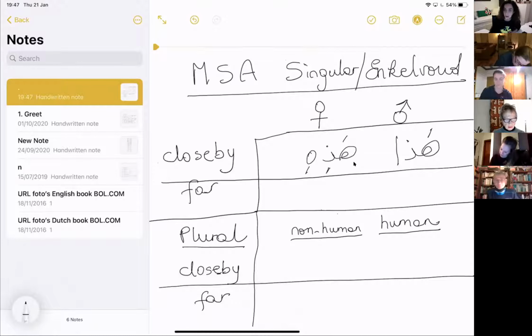So for close by, for masculine we use هذا, for feminine we use هذه. So if you look at the examples in your book on page 76, صفحة 76, the examples are in MSA. So if you want to say this book, book is masculine, so you use هذا الكتاب. Okay, you put L, this book.